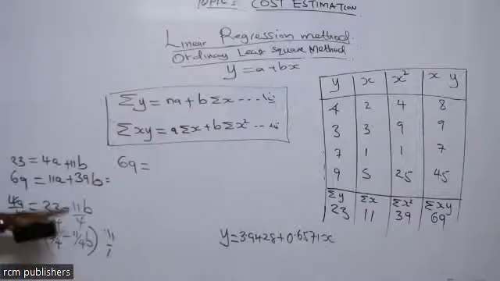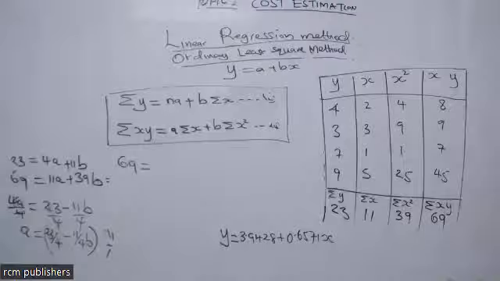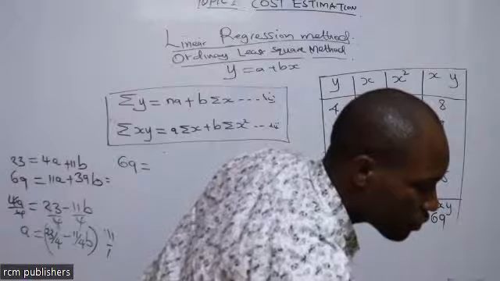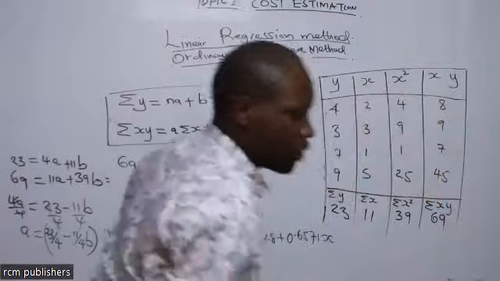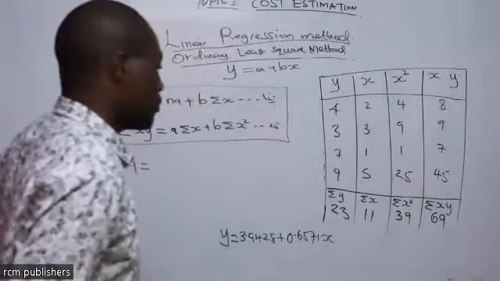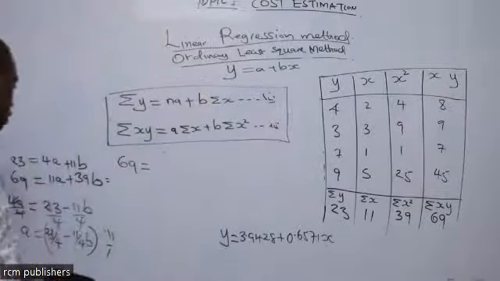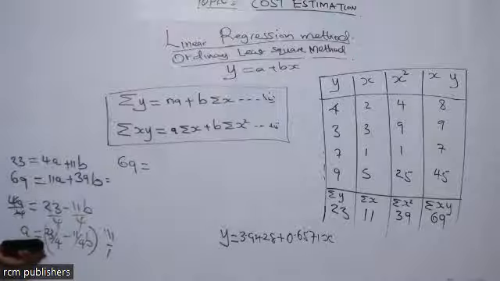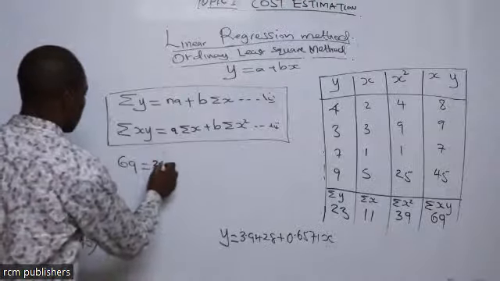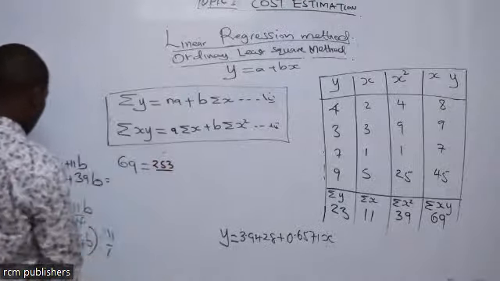So 23 by 11, how much will it be? 23 by 11, somebody. 253. So we have 253 over 4.